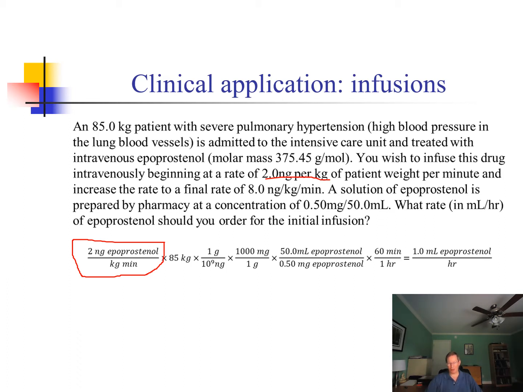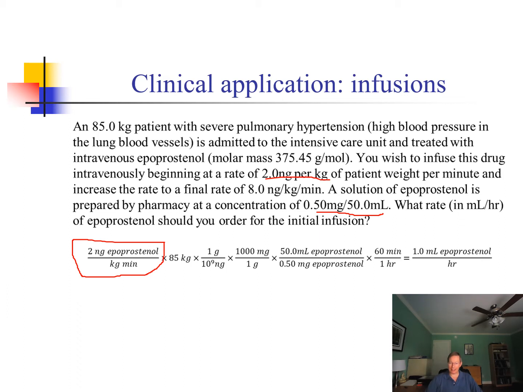But now I have it in terms of nanograms, and I need to convert this into something more tractable, because the concentration of my solution is in milligrams per milliliter. So I need to convert my nanograms into milligrams, which I can do by converting to grams and then back to milligrams.